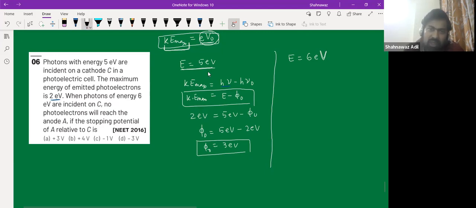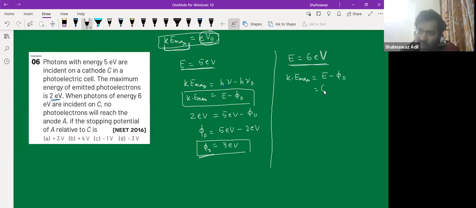Now, this much energy is falling, and we have the work function. So then we can calculate the maximum kinetic energy. This would be KE max equals E minus phi.